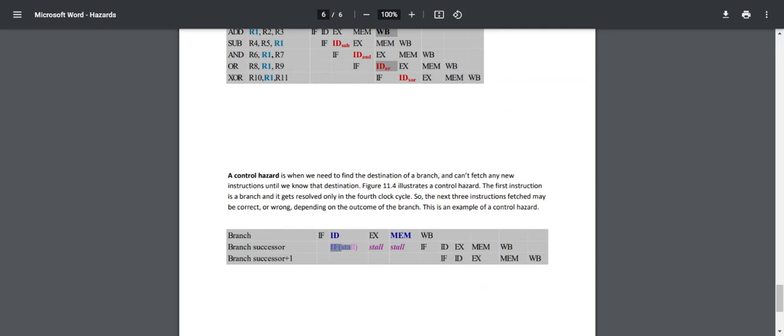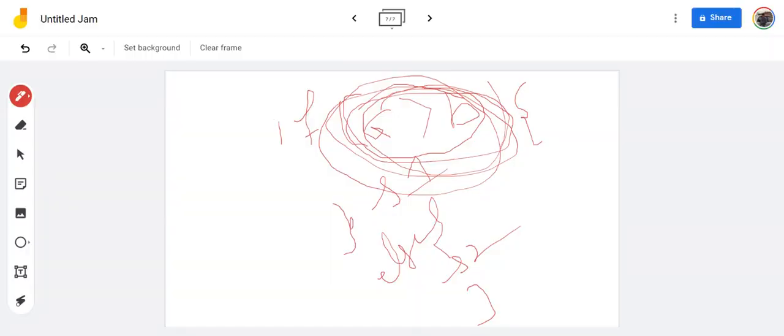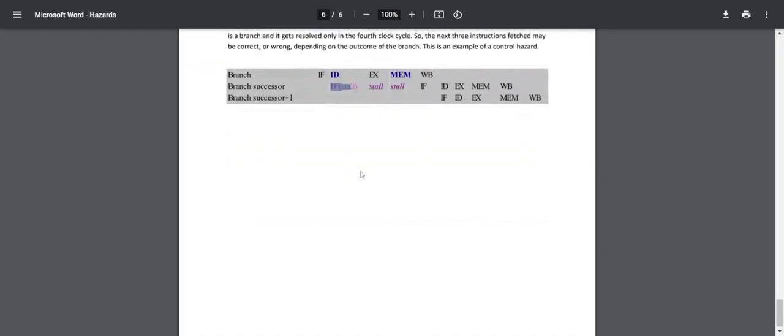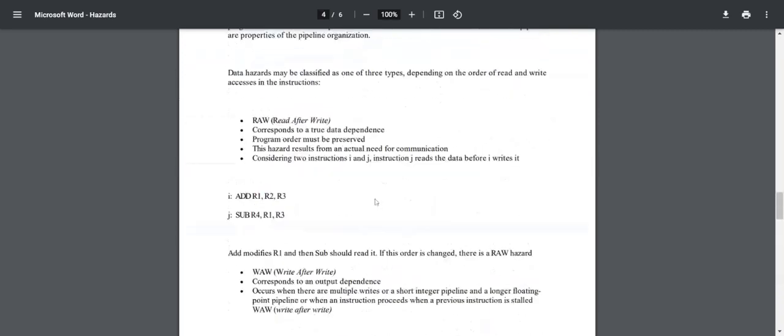The solution is to stall bringing of new instructions inside the CPU for some clock cycles until this branch condition gets evaluated. So the solution is pretty straightforward.